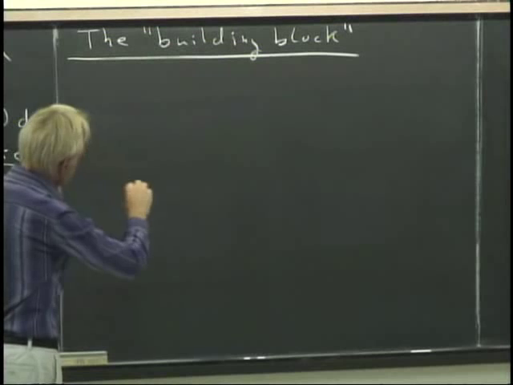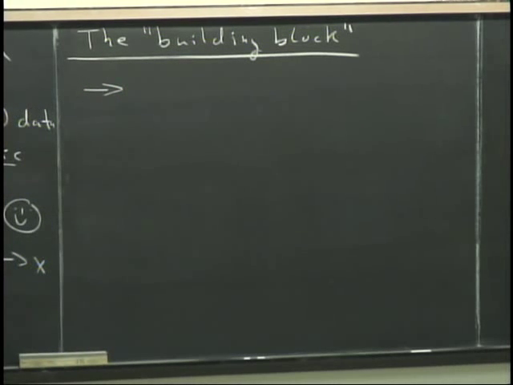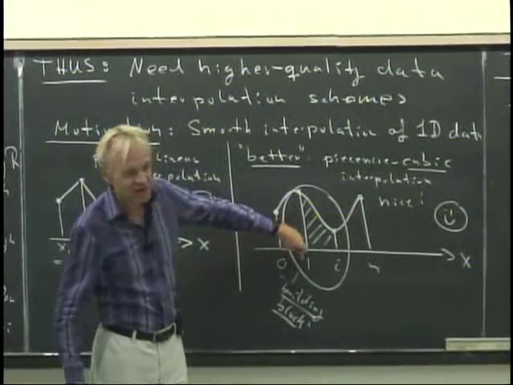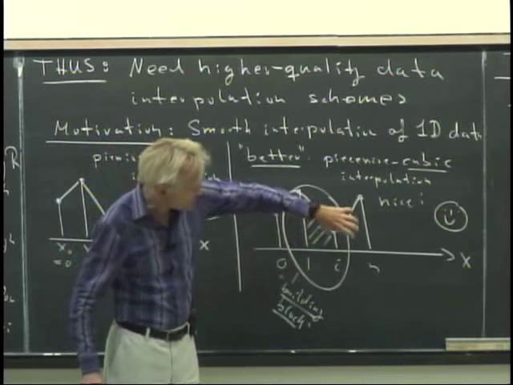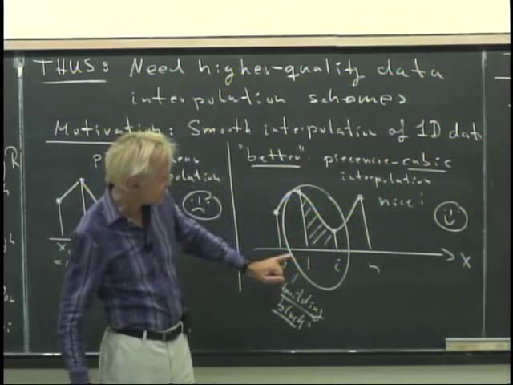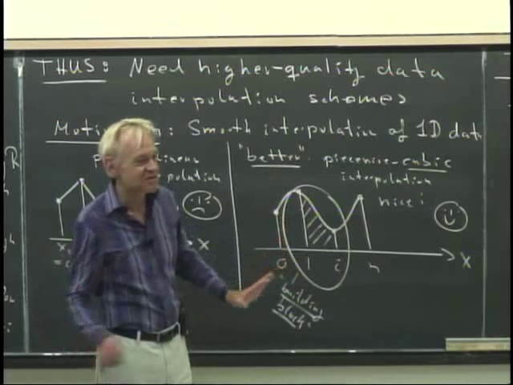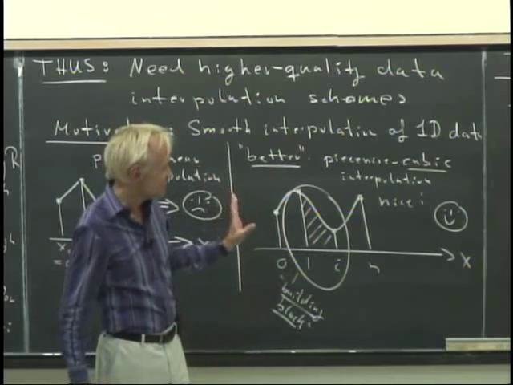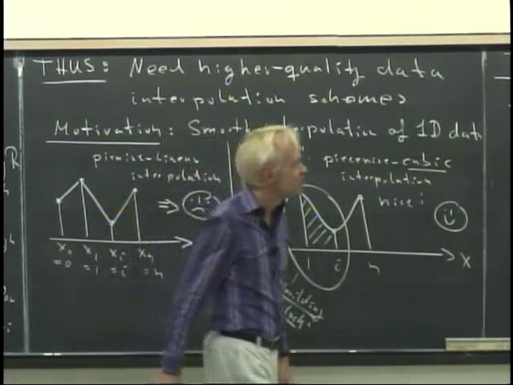Without loss of generality, I can always just talk about the building block as being the first one between 0 and 1, which makes everything much simpler, okay? You can treat each of these cases as if it was the case from 0 to 1. If you always assume that things are parameterized, defined over 0, 1, many things become simpler. And for the purpose of actually constructing the overall curve, it doesn't matter. It can always be from 0 to 1, okay?